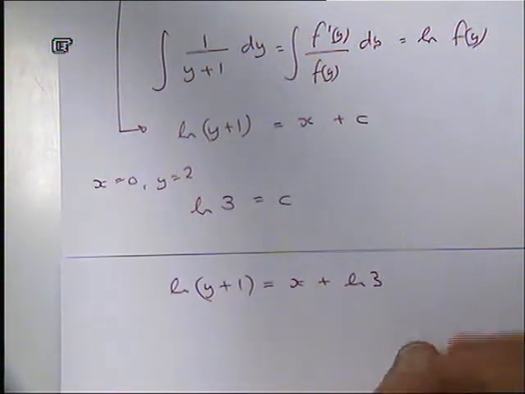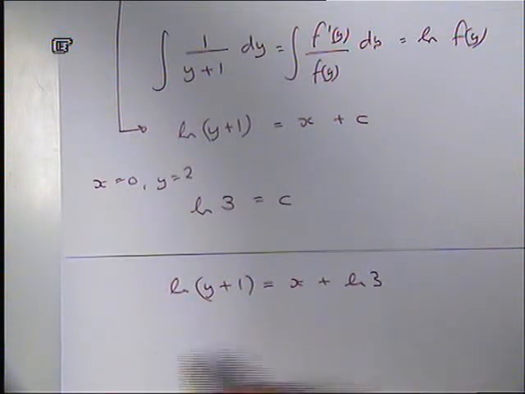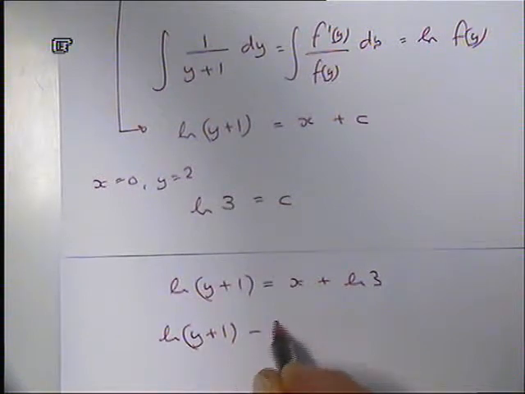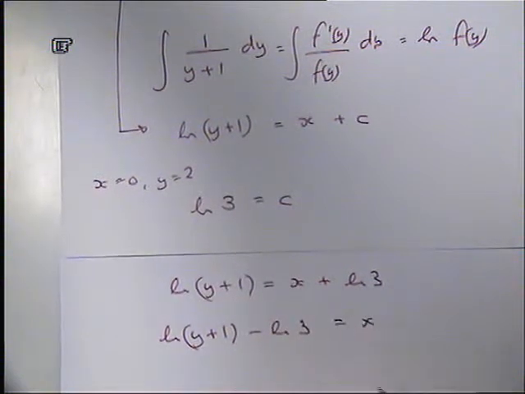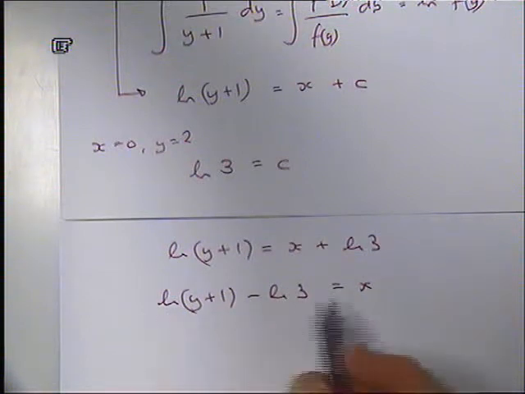You were told you want your answer as y equals something. Various things you can do from here. I would get all the log stuff probably onto one side. So if you move that log 3 over here to make it a negative, you could then combine those now.